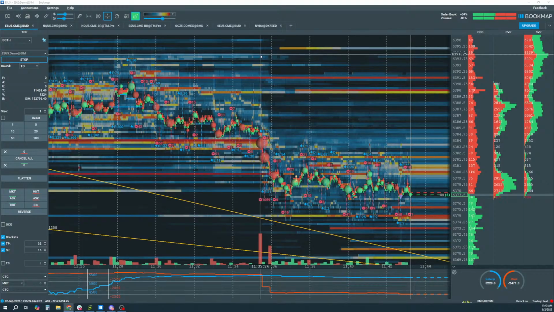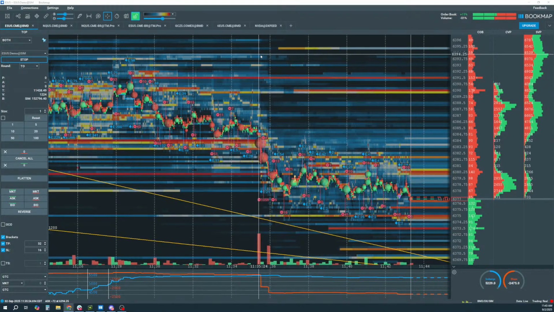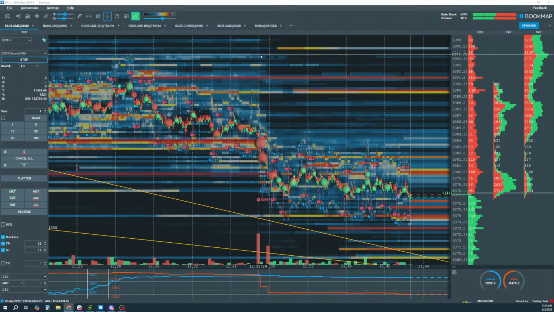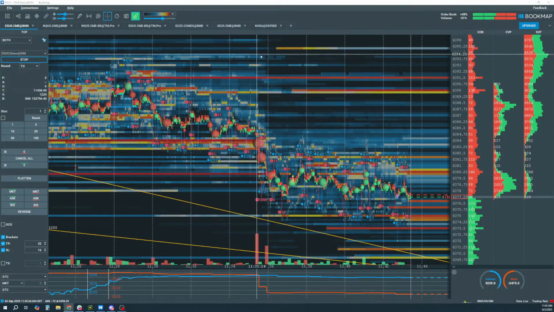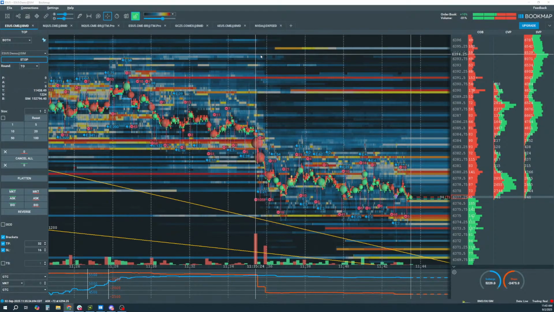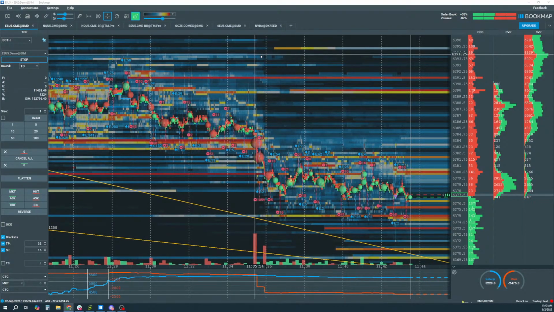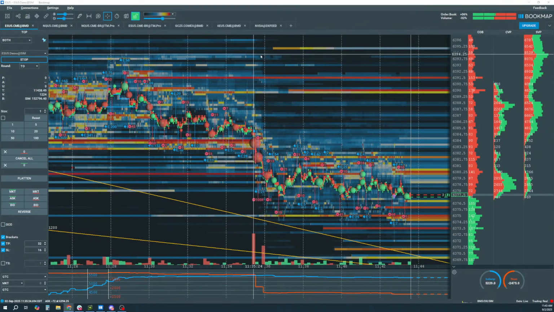Does the iceberg detector work for Bitcoin? Not really. We have something actually better than the iceberg detector, which is the liquidations.